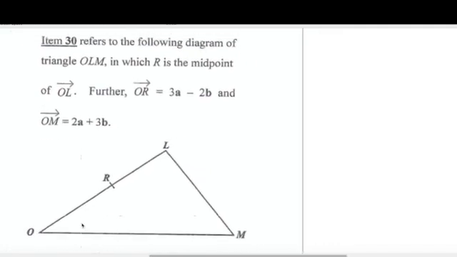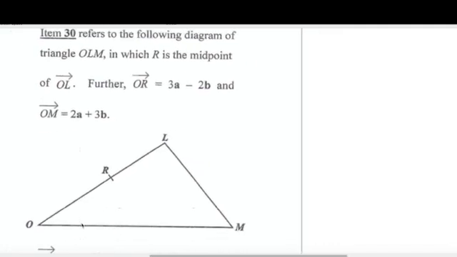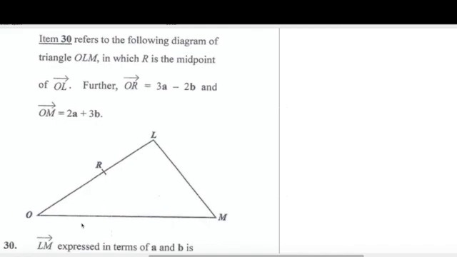Okay, so item 30 refers to the following diagram of triangle OLM in which R is the midpoint of OL. So I could see that R is the midpoint of OL. Further, OR is equal to 3A minus 2B. So OR, this little section here, is 3A minus 2B.